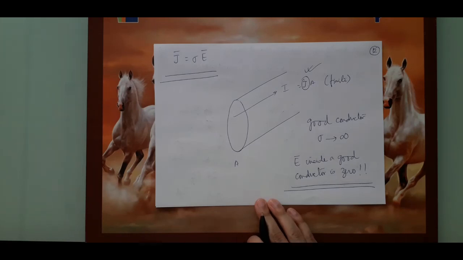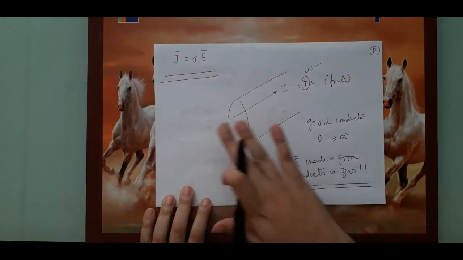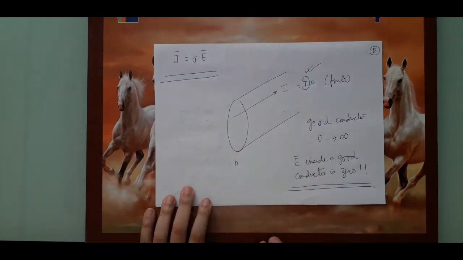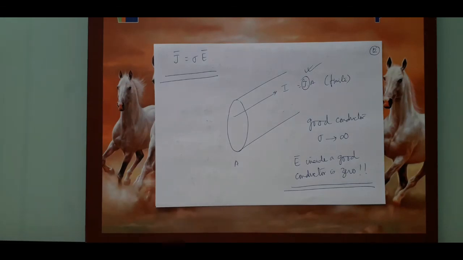So we shall come across this electric field being zero inside conductors later on also, but this is one of the best proofs that at least in a current carrying conductor, the net electric field inside the conductor is almost zero. So today we discussed the basics of vectors, took a recap of vector calculus and saw some theorems related to vectors, and thereafter we started the discussion on electric field and electric currents.